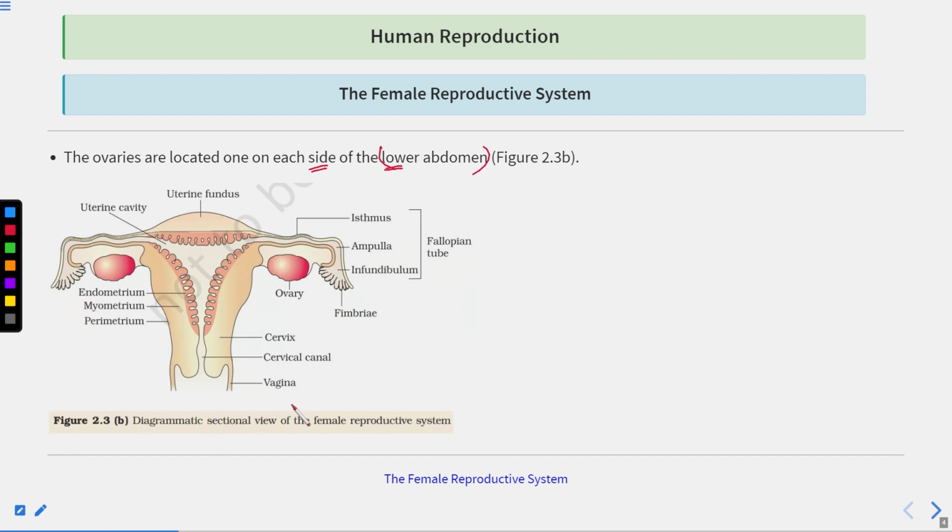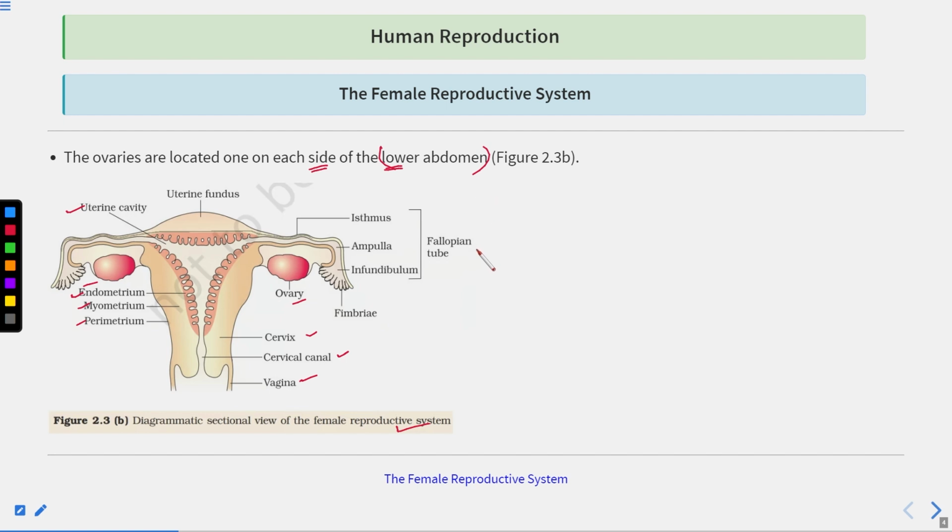So this is a diagrammatical sectional view of the female reproductive system. Here is one ovary, this is the second ovary. Then here you can see this is the uterine cavity. This is the cervix, cervical canal, vagina. We'll talk about all of these terms in the upcoming slides and lectures. This is the uterine wall: endometrium, myometrium, and perimetrium.